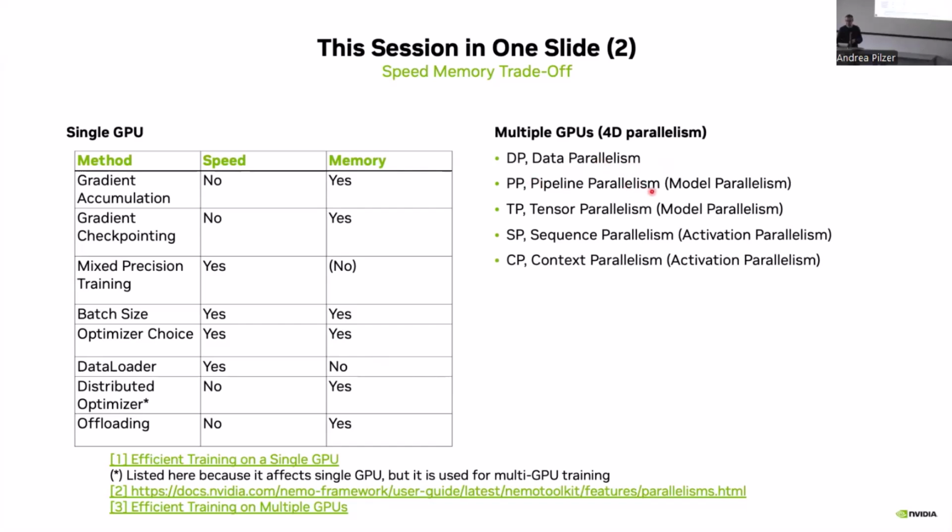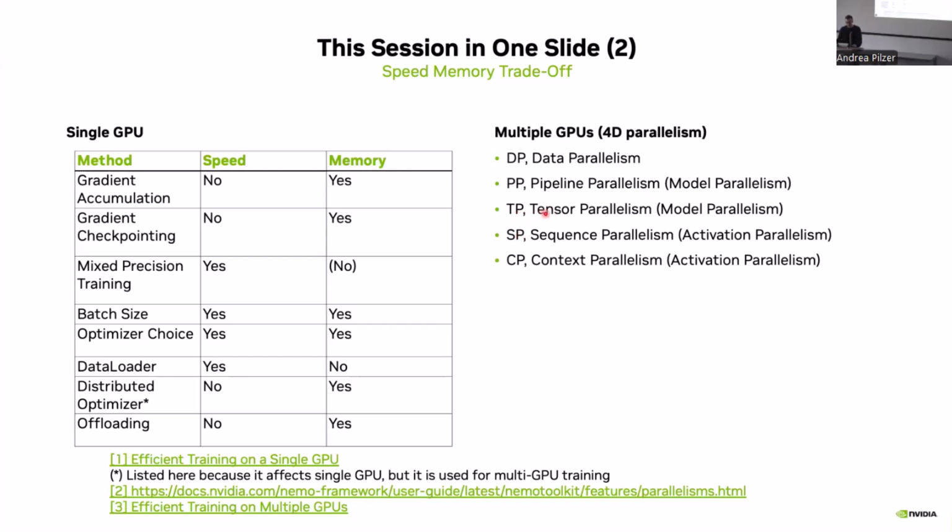The pipeline, which means that you are splitting some layers of the model on one GPU, some layers on another, or tensor. Tensor is particularly used for transformer models because they have big matrices, big linear layers. So from algebra, we know that we can split matrices and get the same results, even if we separate the two computations.